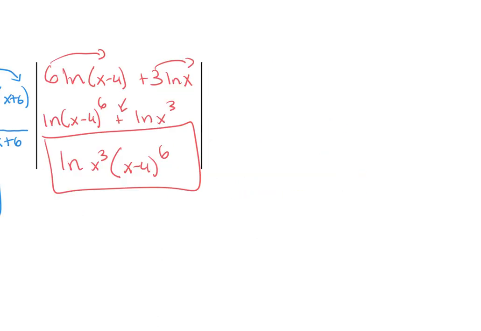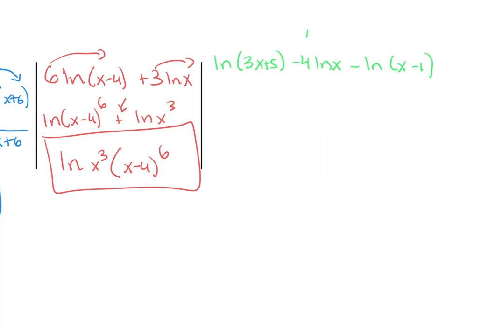Okay, last example where we condense. So natural log 3x plus 5 minus 4 ln x minus ln of x minus 1. Okay, so this one is a little tricky.